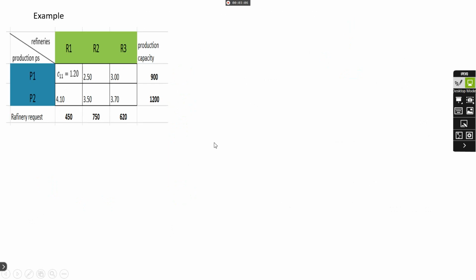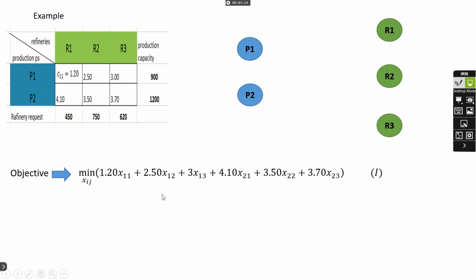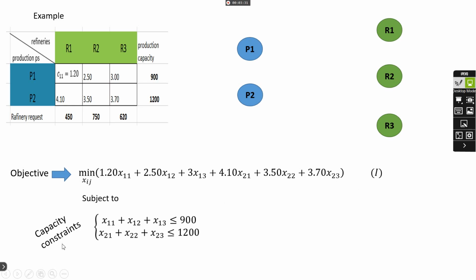Now let's give an example. We have two production points, P1, P2, and three refineries, R1, R2, R3, with Cij and with refinery requests and with production capacities. The objective is defined by expression 1 and subject to capacity constraints and request constraints.